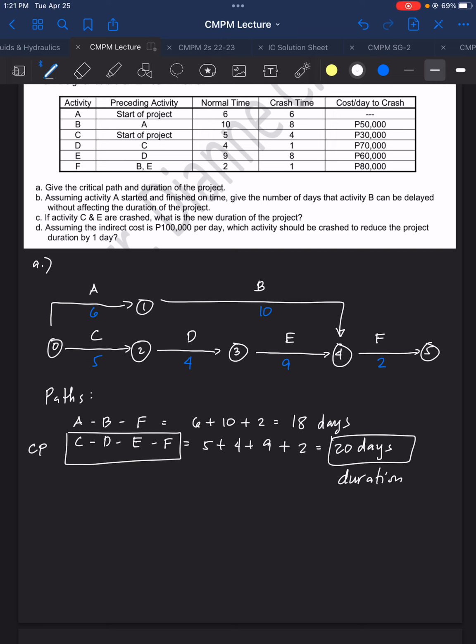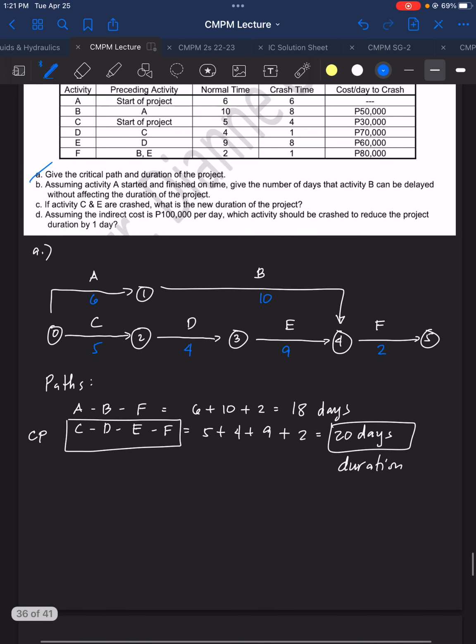Okay, so we are able to solve for A. Now for B, assuming activity A started and finished on time, give the number of days that activity B can be delayed without affecting the duration of the project. Remember that our critical path is located here.